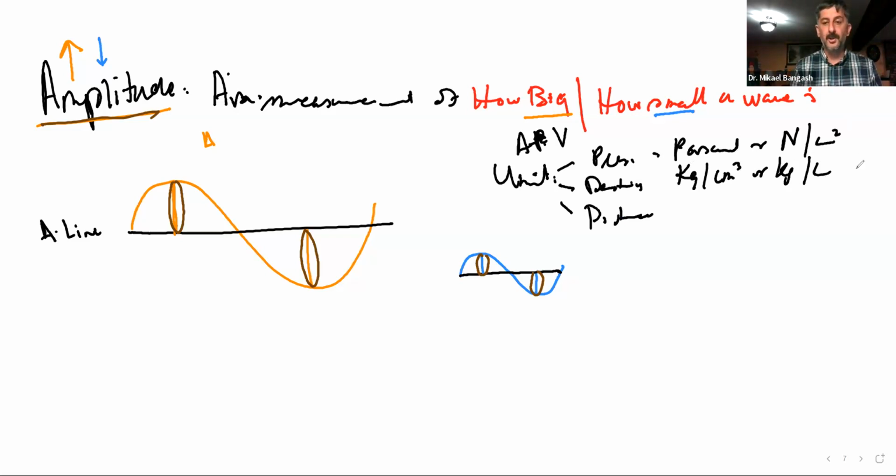But mainly to avoid all this confusion, what we are going to do is express amplitude using a relative unit, which is what we will call the decibels.